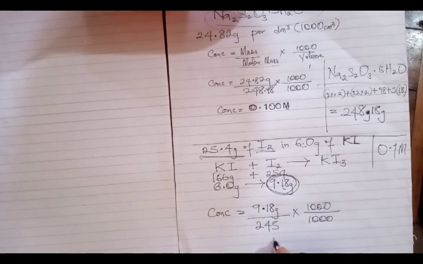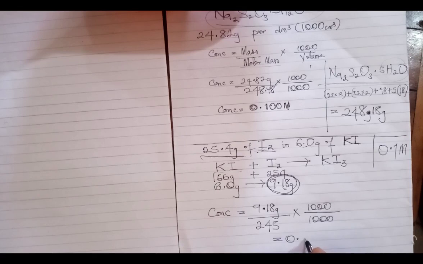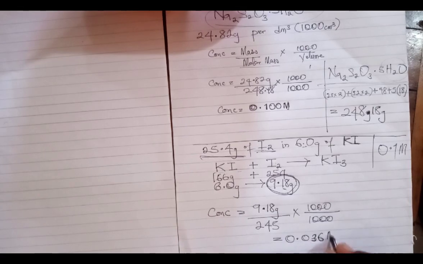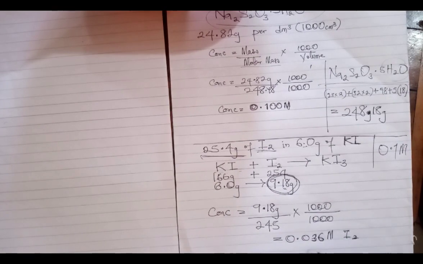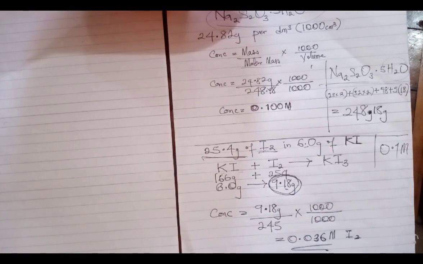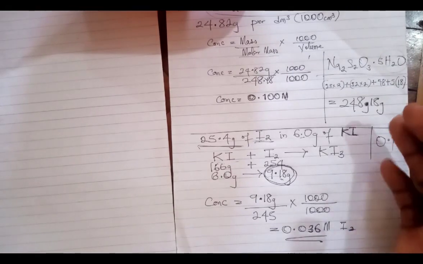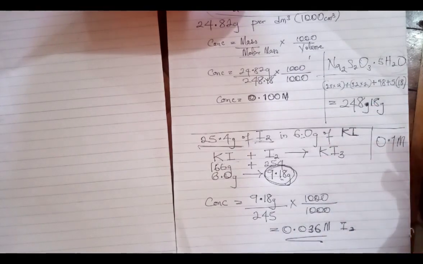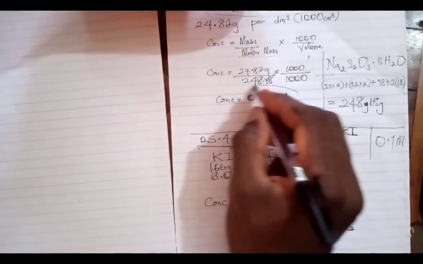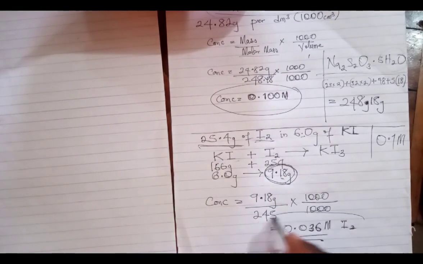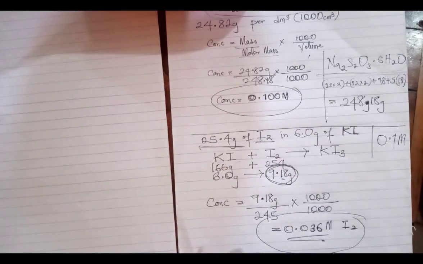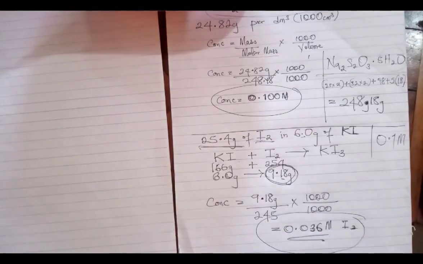If you do this, your final answer becomes 0.0336 mole per dm cube of iodine. This becomes the concentration of iodine. I choose to go with this one. You may want to go with the 25.4 grams dissolved in it, if you choose to do that. So this is our concentration of sodium thiosulfate, while this is our concentration of iodine according to my own perspective.